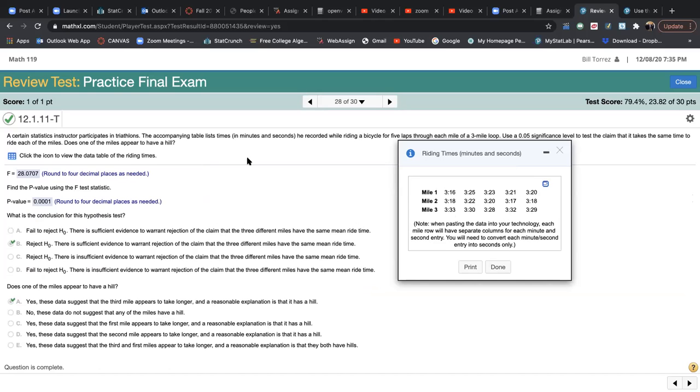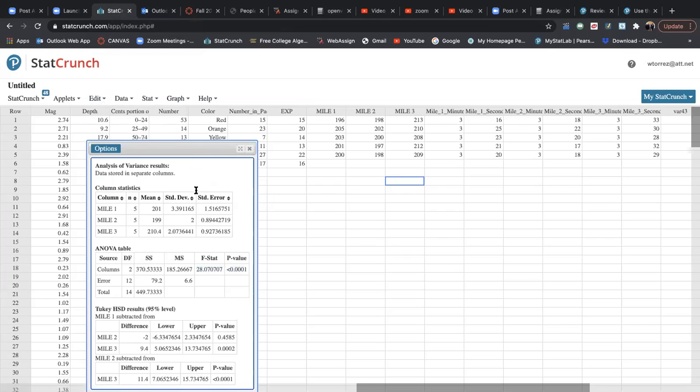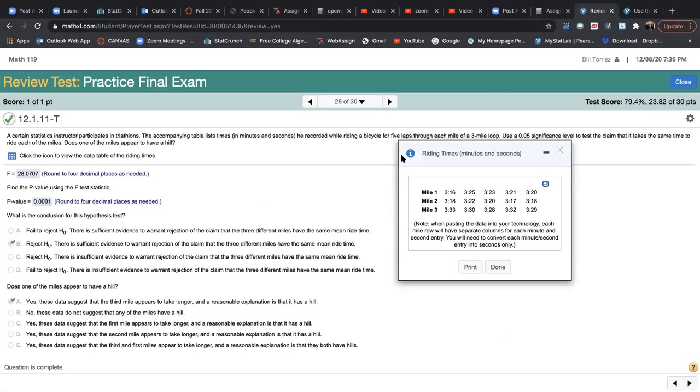And if you look at the data for mile 3, the times do look to be a little higher over the loops there. And here are the means.